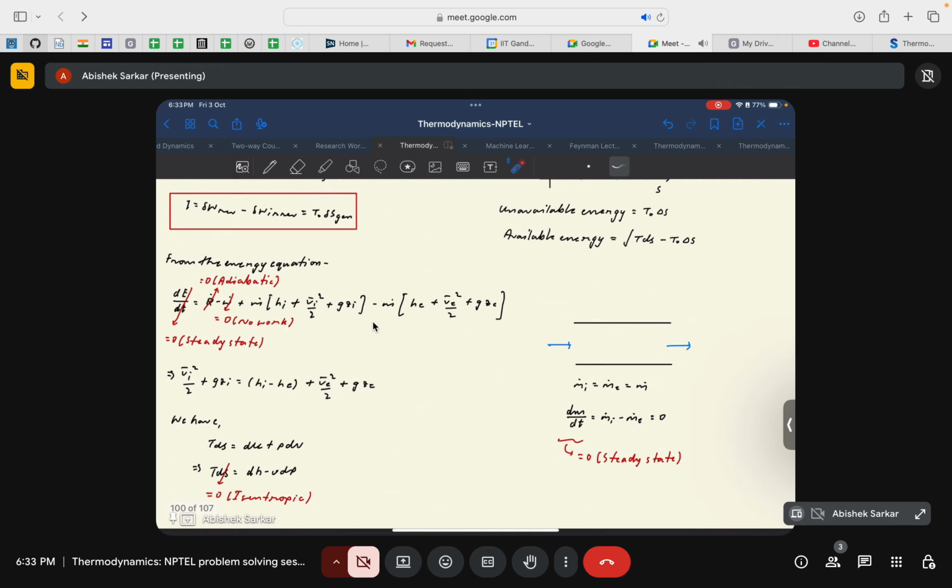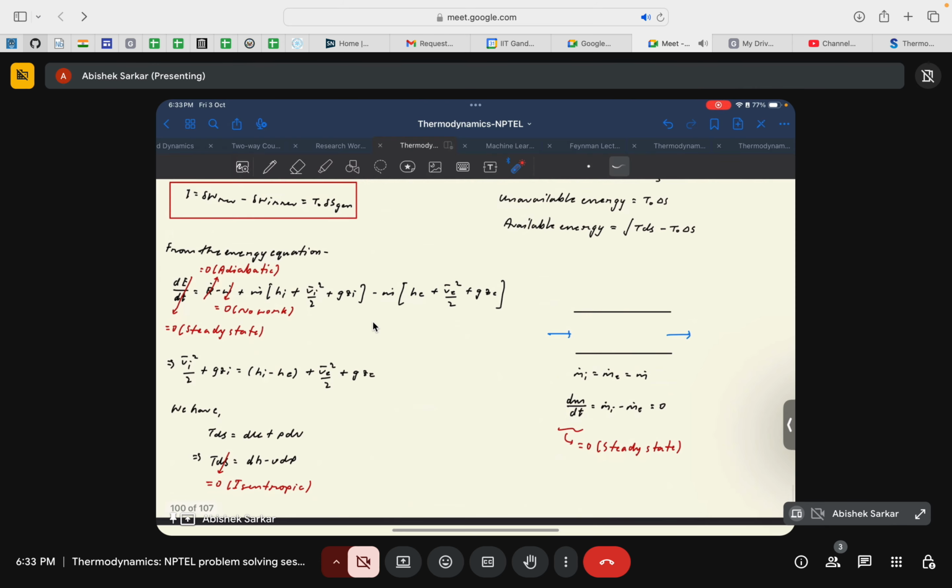If there is no heat interaction in this particular system at all, then Q dot is again equal to 0. And since this kind of flow is not producing any shaft work, of course flow work is there, and if you recall, this flow work is incorporated in the enthalpy. So flow work is still there, but there is no shaft work or PdV work, so this W dot is also equal to 0.